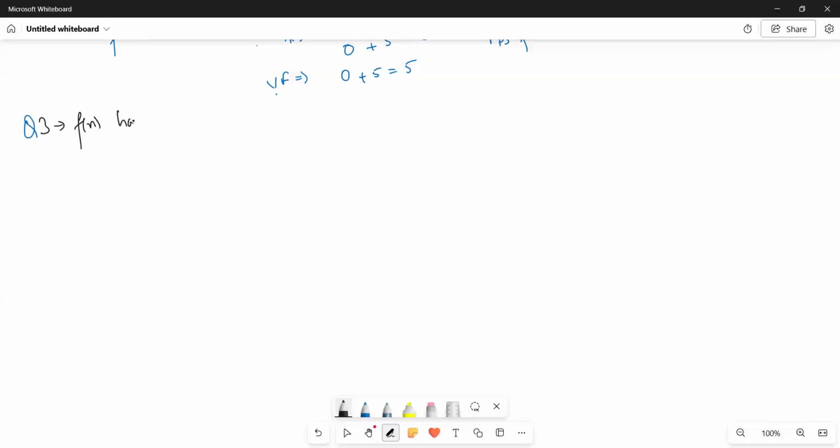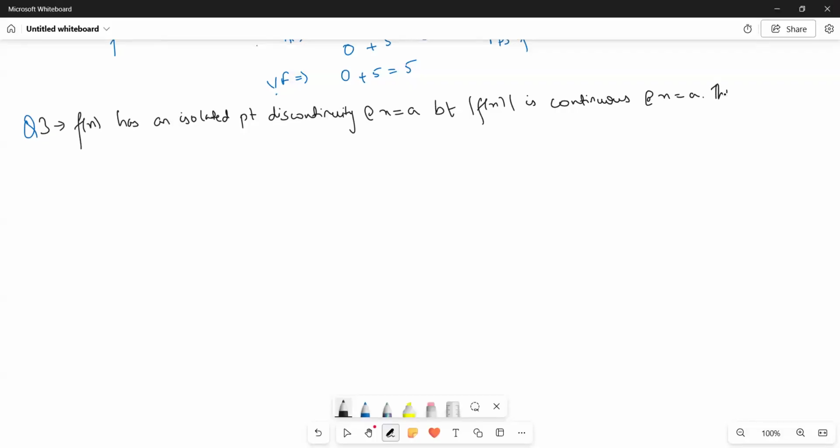If f(x) has an isolated point discontinuity at x equal to a, but mod of f(x) is continuous at x equal to a, then what must have happened?